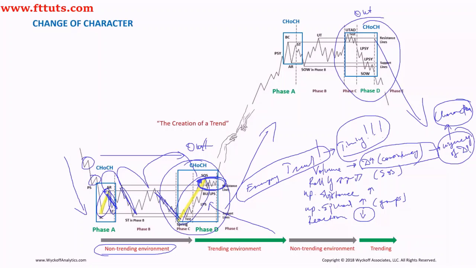It still goes down to the support, but it goes down to a support that has acted before as the resistance, and that's also a big difference. It's also a change of behavior, and that concludes a change of character. We also would like to see that the supply signature is going to be diminishing. And there are quite a few variations on the supply, how it occurs in phases D. This is again something for more advanced studies, for the practicum and for the second portion of the course.